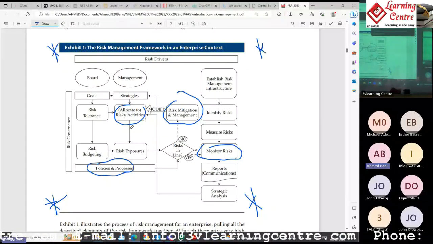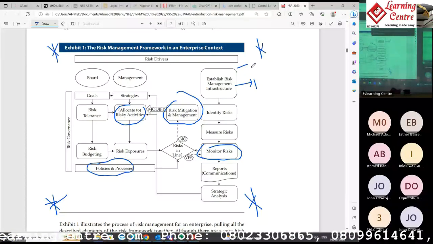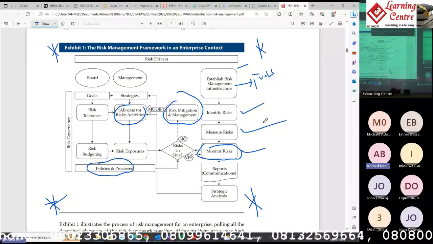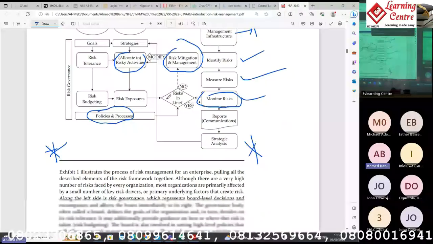If you don't, you keep going around in this circle until you get a yes and you monitor. So you establish your investment infrastructure, which I call the tools that you use. Then you are identifying and measuring your risk, you are monitoring your risk, and so on.